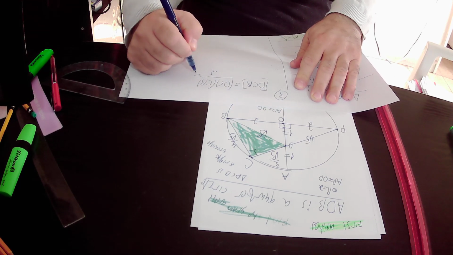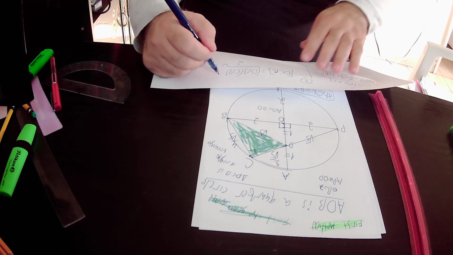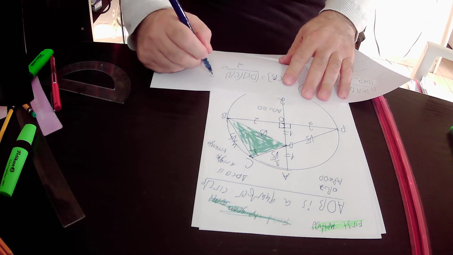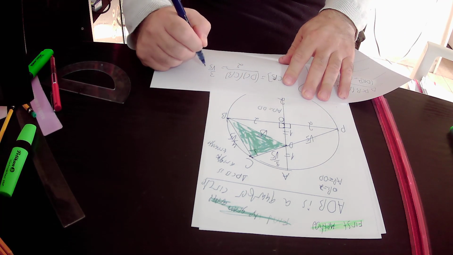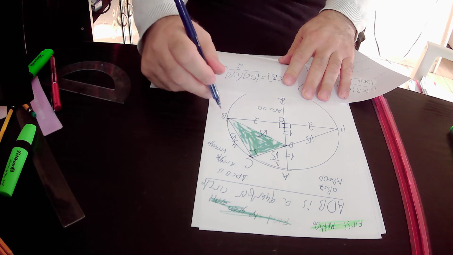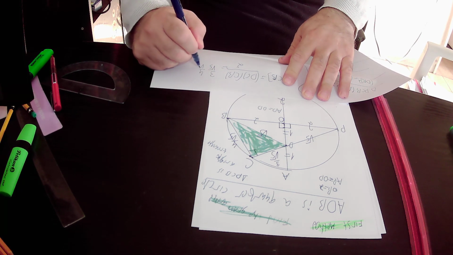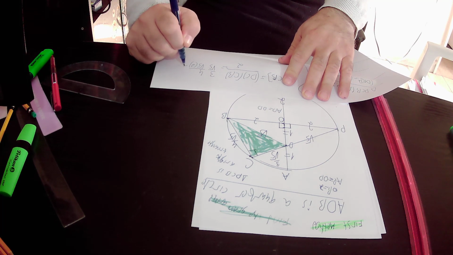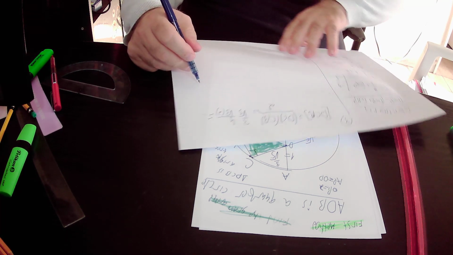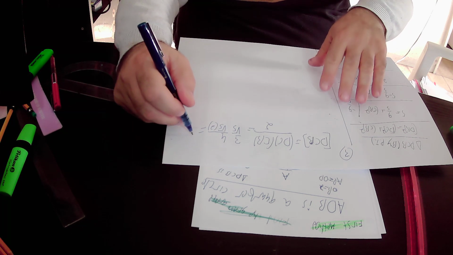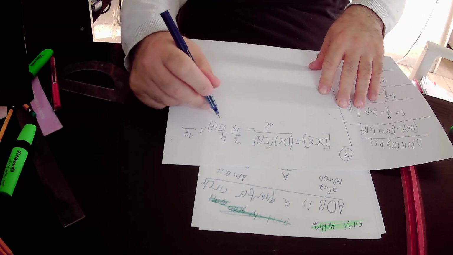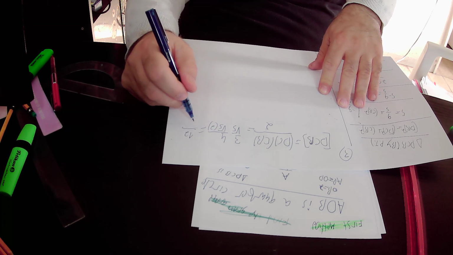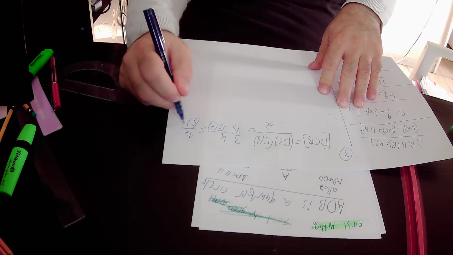Okay, so here DC equals 3 over square root of 5 times CB is 4 over square root of 5, all divided by 2. Here in the numerator we have 3 times 4 is 12 over square root of 5 times square root of 5 is 5, over 2.